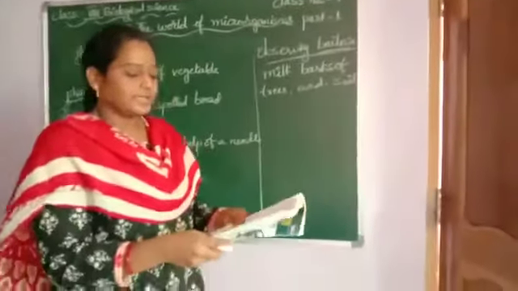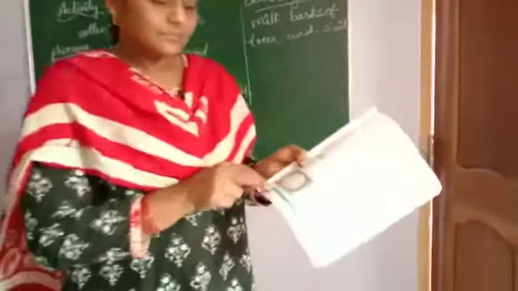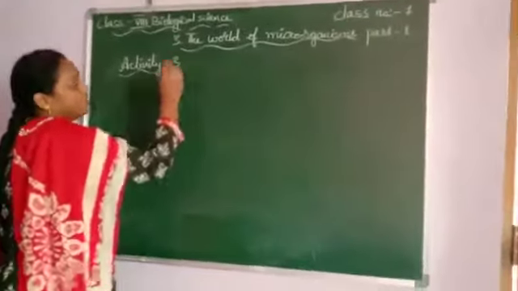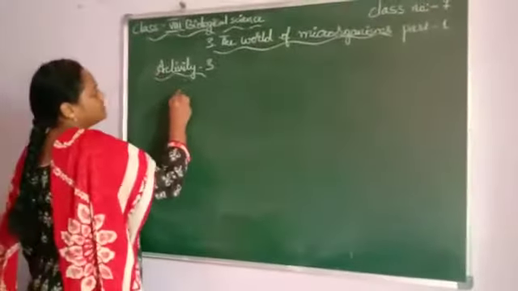Now let us take a close look at this bacteria. We cannot see it with our naked eye. It is possible only under the microscope. So next is activity number 3. In this activity, we have to take a curd sample.